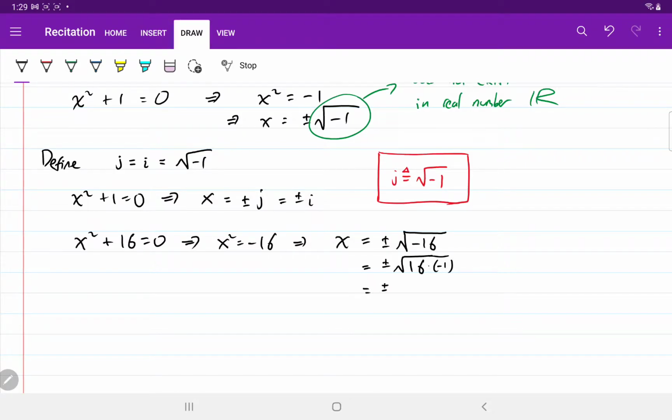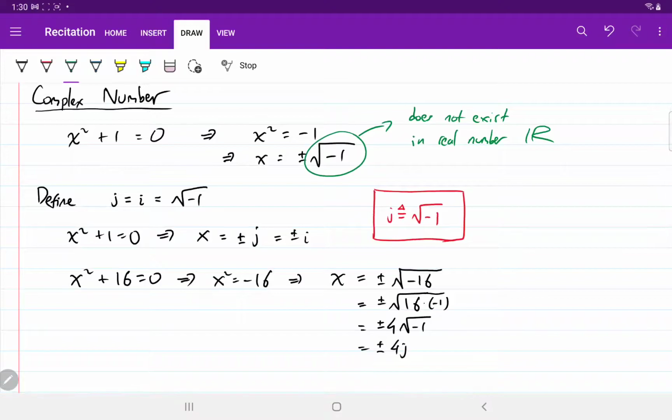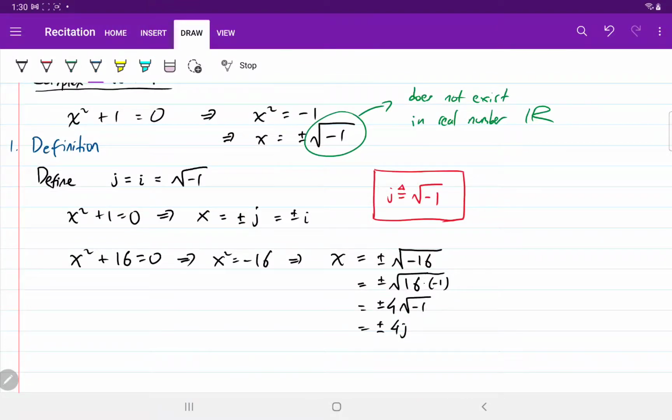So plus minus square root of 16 is 4, times square root of minus 1, so plus minus 4j. Okay, so this is section 1, the definition of complex number.